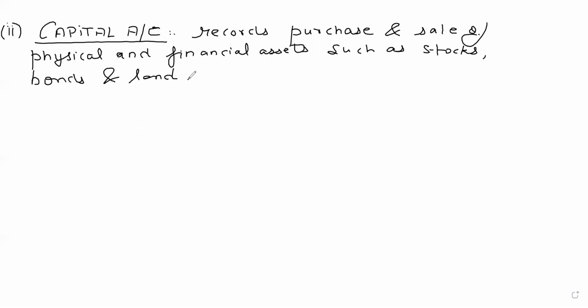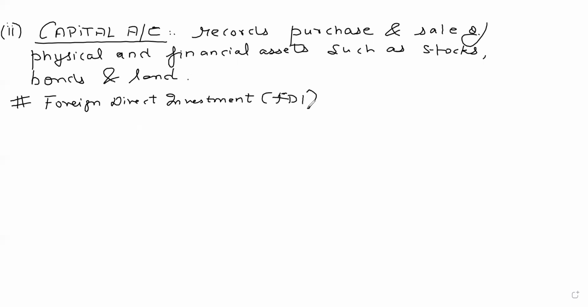Okay, now when will the capital account be in surplus and when will it be in deficit? Before moving on to that, examples of transactions would be FDI. Foreign direct investment refers to the investment made by the parent company in the domestic economy.